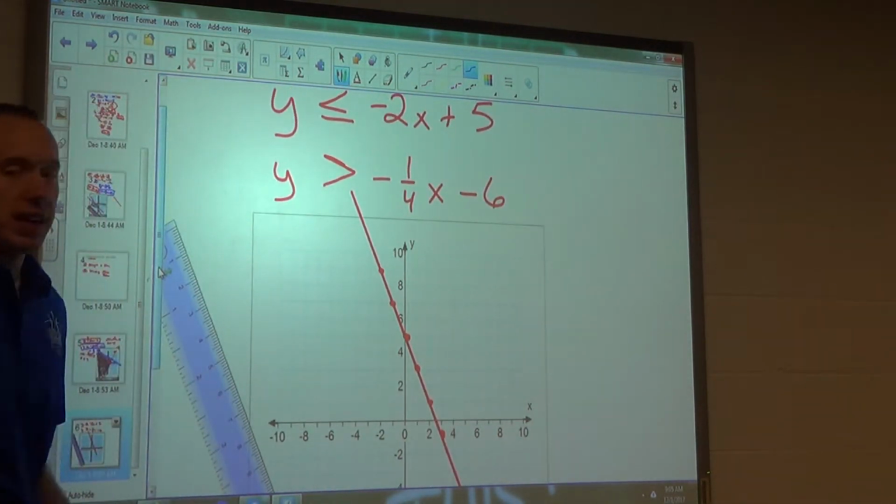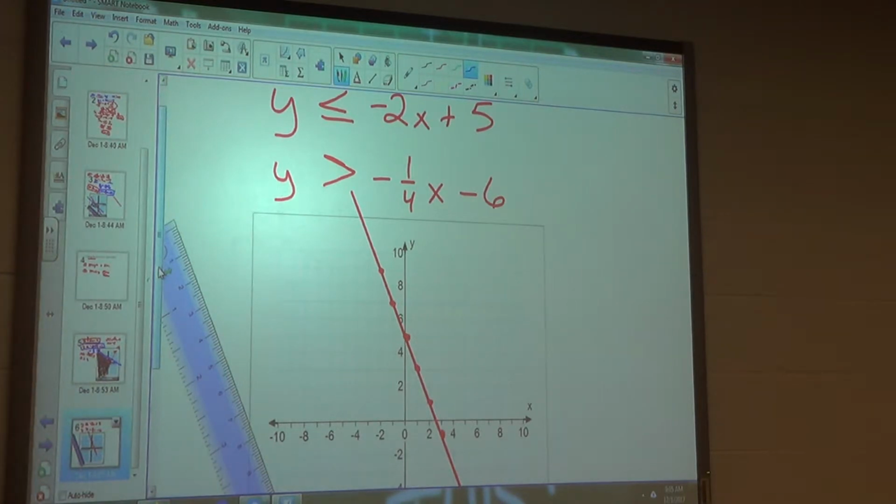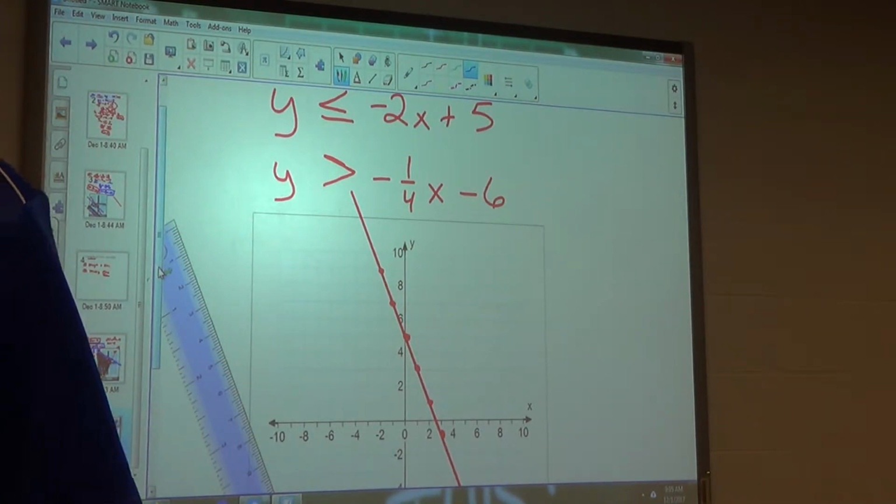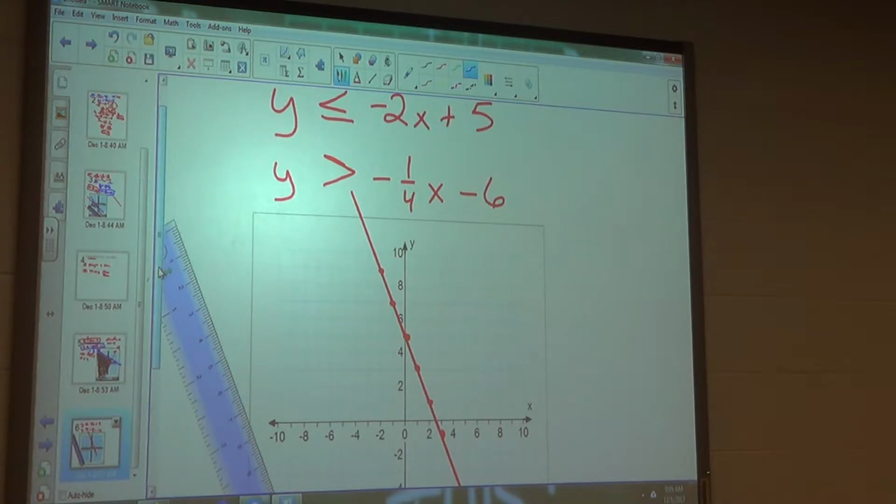And notice both of these lines have negative slopes. So when you draw them, they should both be going in the downward direction.